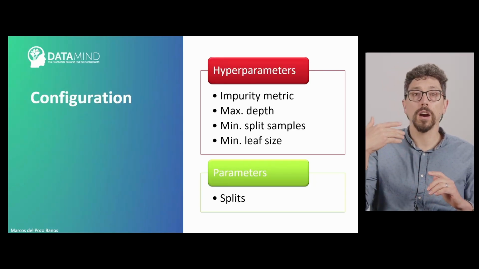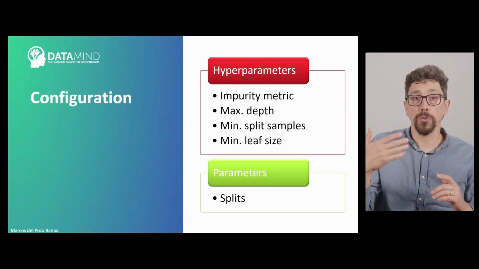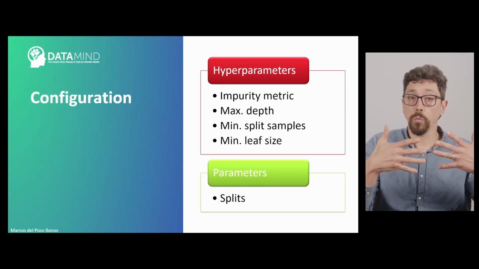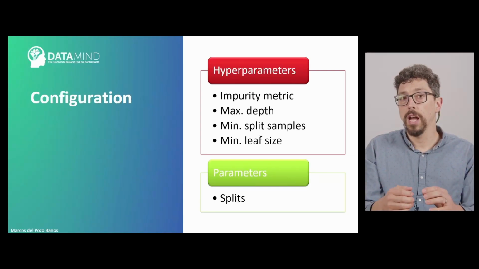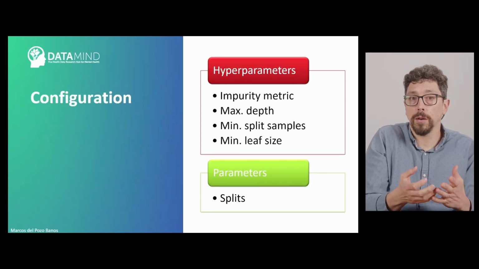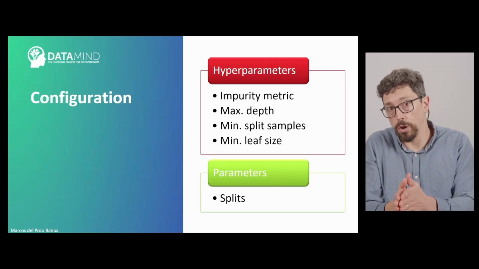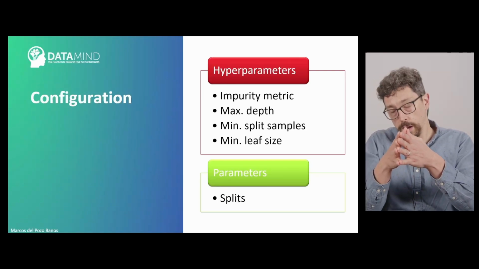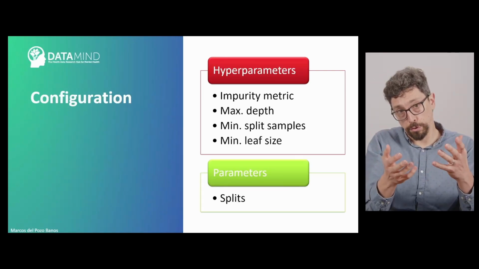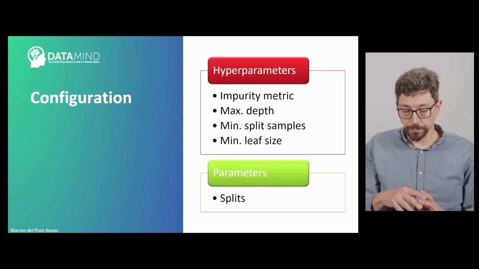And then what is the minimum number of samples that we want to have in a node to even consider splitting it? And also what is the minimum number of samples that we want to have in a node in order to consider the node a leaf.